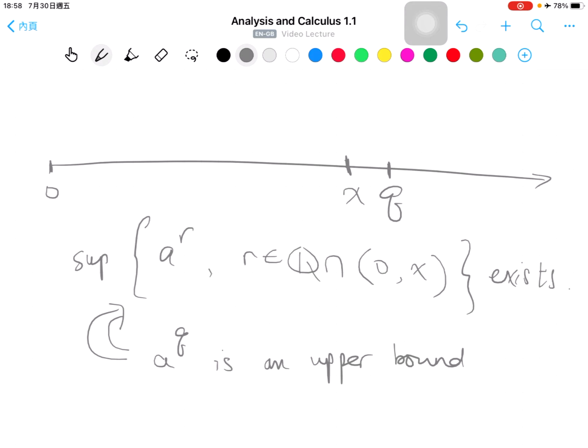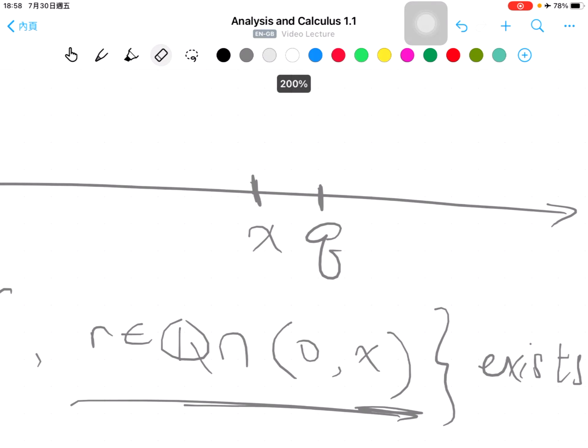Then what? Then we can define a to the x as just the supremum of this set. Because if we have an x and we have a q, we can still find another q1, smaller than q, and these are still rational numbers.